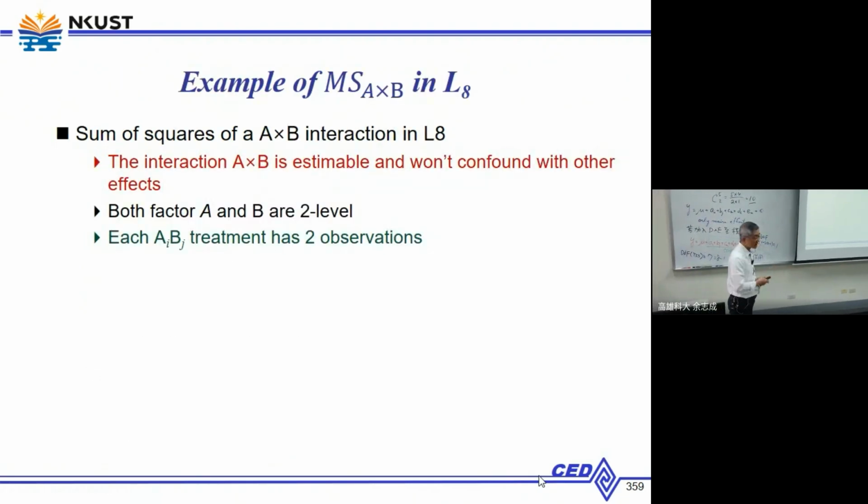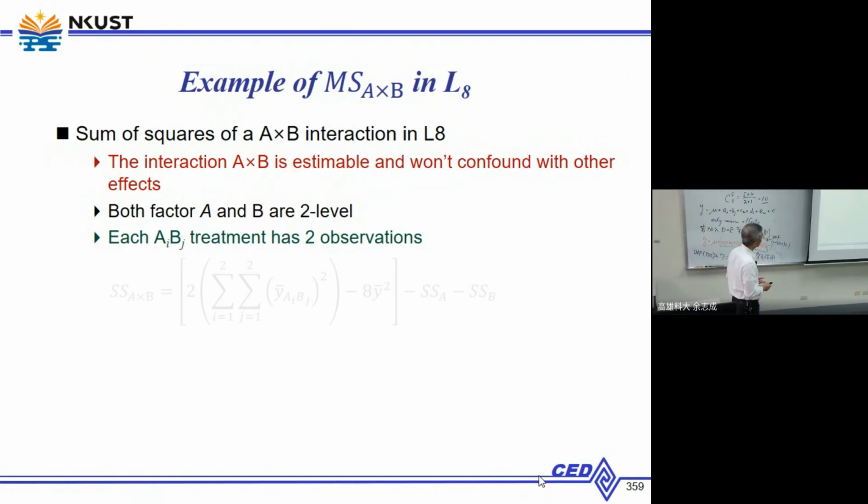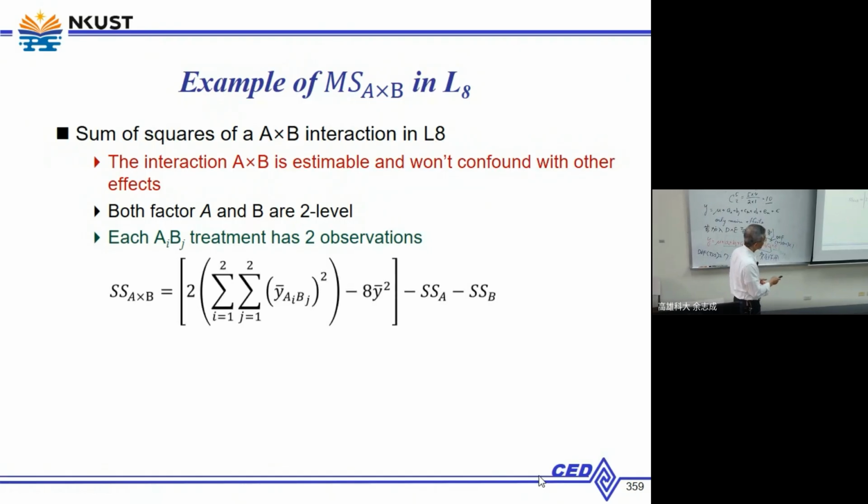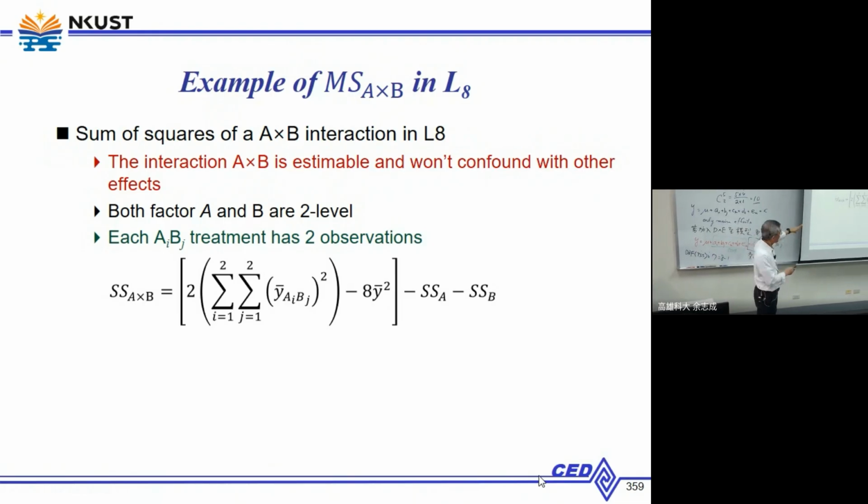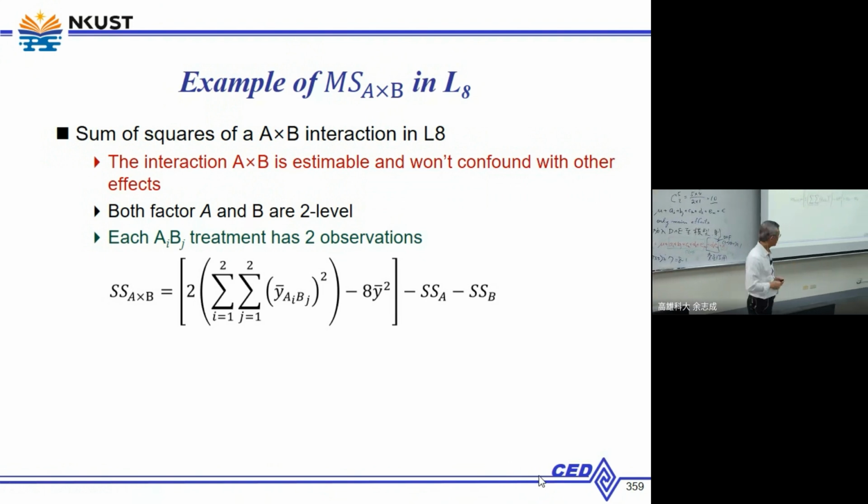Let's use L8 as an example. Just like what we did, the equation can be simplified into that. This is only for L8, remember, only for L8. Don't use this equation in a three-level design, such as L18. They will be totally different.